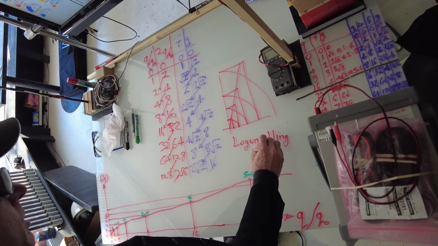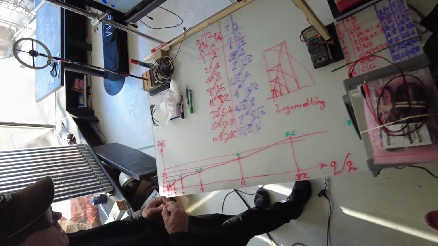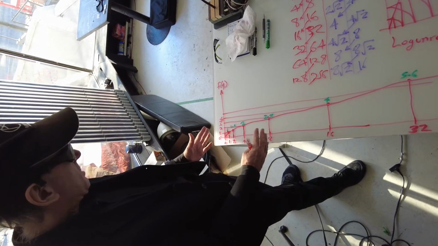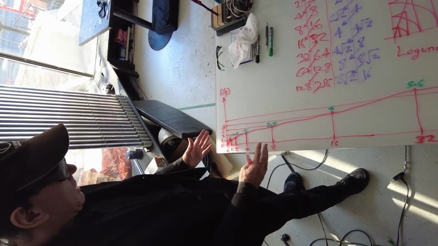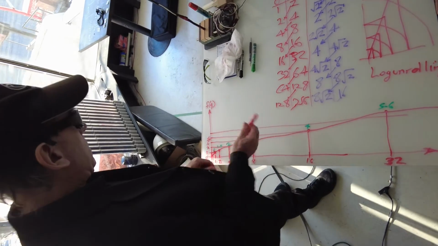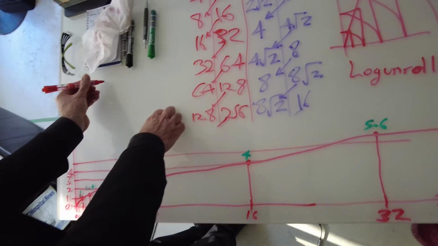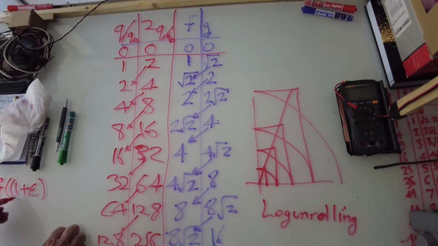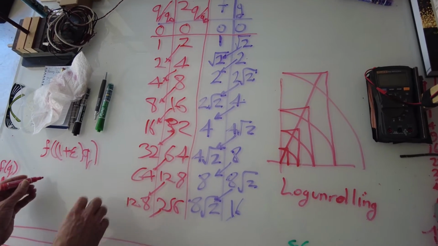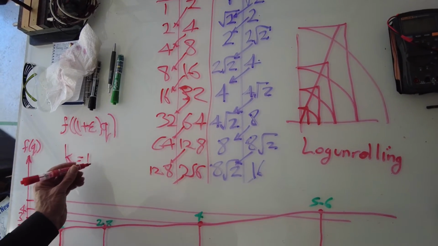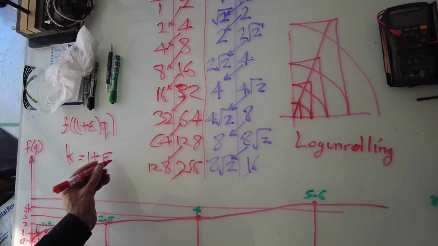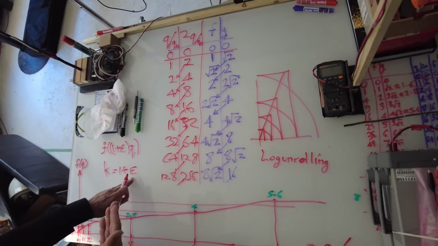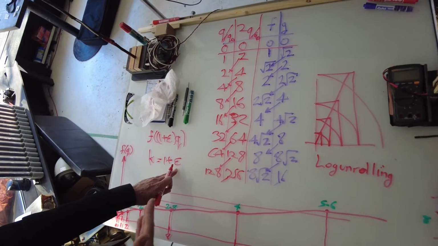It's a logarithmic progression. And so you can see we've got this function here known or determined at a very sparse set of points. But as we make that ratio smaller, if we have that f of 1 plus epsilon times q, i.e. k equals 1 plus epsilon, right now epsilon is equal to 1, so it's f of 1 plus 1 times q, which is f of 2q.